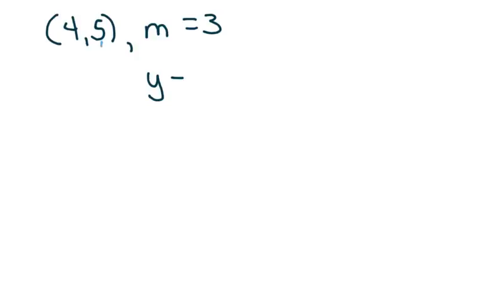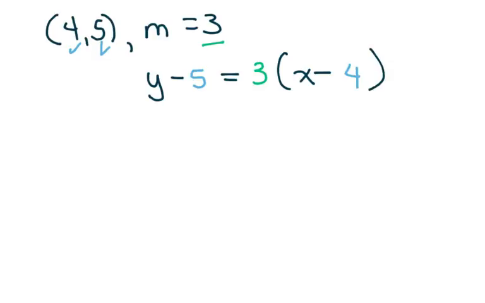Okay, let's try another one. Let's try 4, 5. And the slope is 3. So I'm just going to do y minus my y here, which is 5, equals 3, which is my slope, times x minus my x, which is 4.